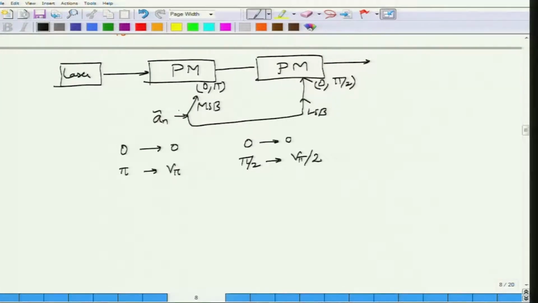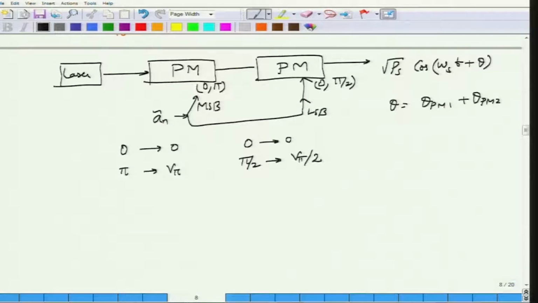So the MSB sequence and the LSB sequence, you can scale up by 0 and V pi, or 0 and V pi by 2, such that the overall signal you get is square root of Ps cos of omega s t plus theta, where theta is equal to theta of the first phase modulator plus theta of the second phase modulator.